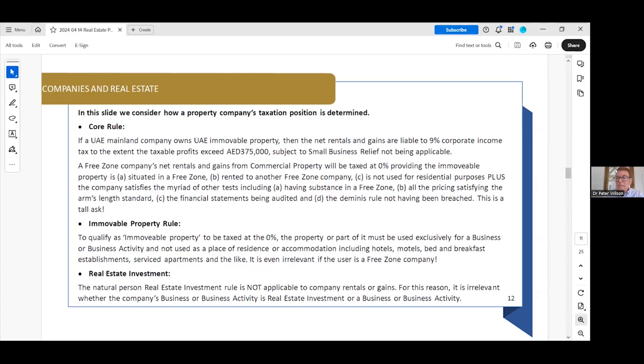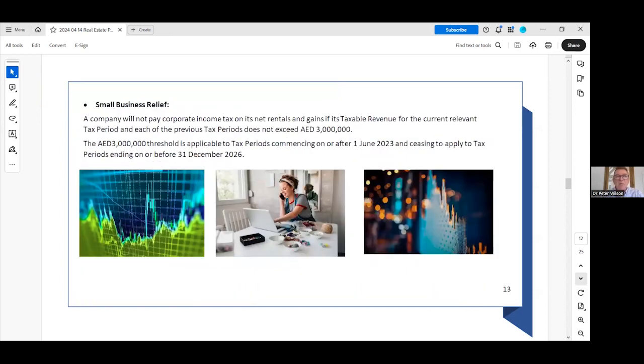So let's just speed through that one a little bit. Small business relief, yeah, company will qualify for the small business relief, won't it? If it's carrying on real estate activity, the 3 million dirhams should be doable. If we're just talking about rental, you could probably own 10, 15 apartments earning 100, 150,000 a year in rent, and qualify for the small business relief.